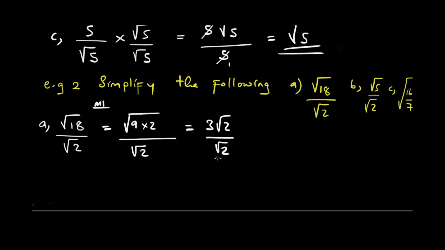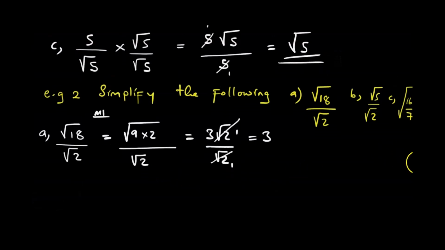There's no need to rationalize, since the square root of 2 divided by the square root of 2 is 1. Our final answer is 3. We are done. So this is method number 1.